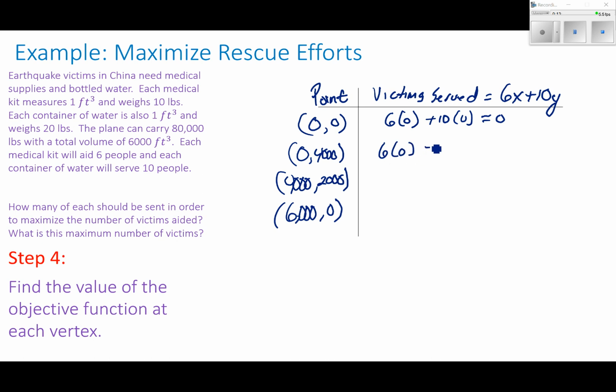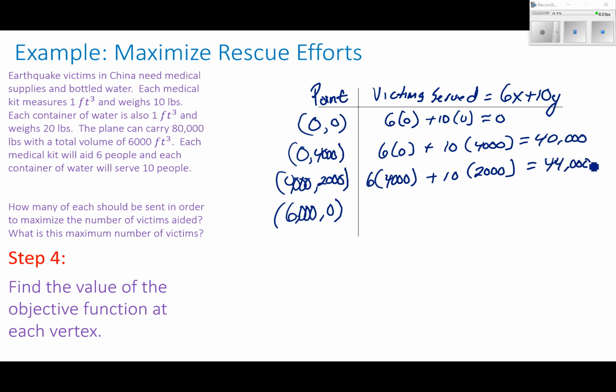6 times 0 plus 10 times 4,000 is going to be equal to 40,000. 6 times 4,000 plus 10 times 2,000 is 44,000. And then 6 times 6,000 plus 10 times 0 is 36,000.